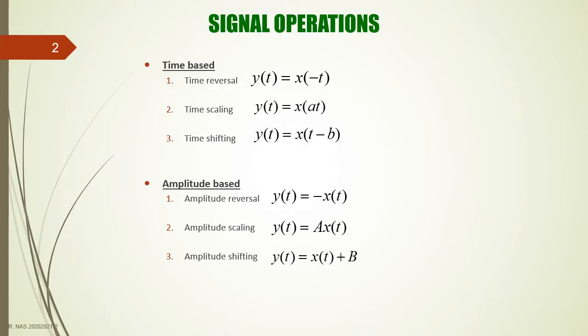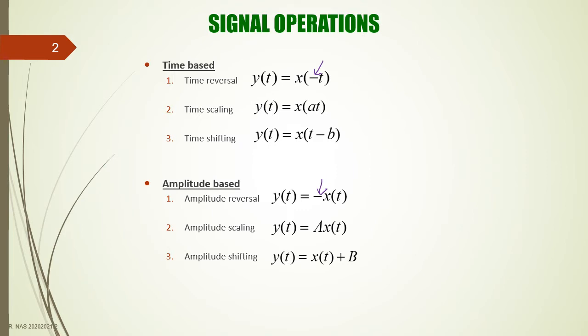Okay, this is just to recap what we have learned earlier in the previous lecture. We have discussed time-based and amplitude-based operation. Just look at the fundamental equation for each type of operation. For time-based, time reversal, you'll notice a negative sign inside the bracket. Amplitude-based, negative sign outside the bracket.